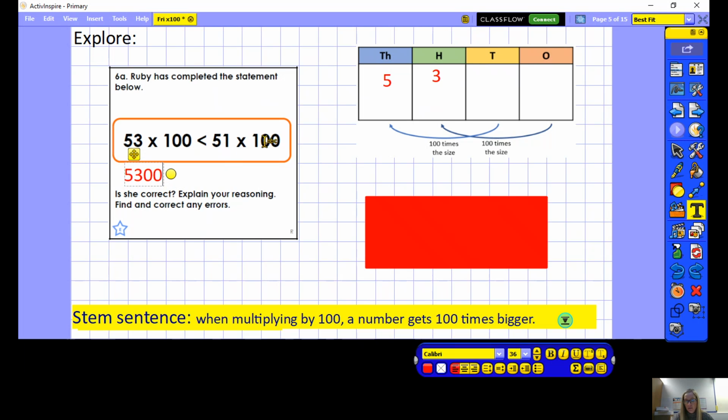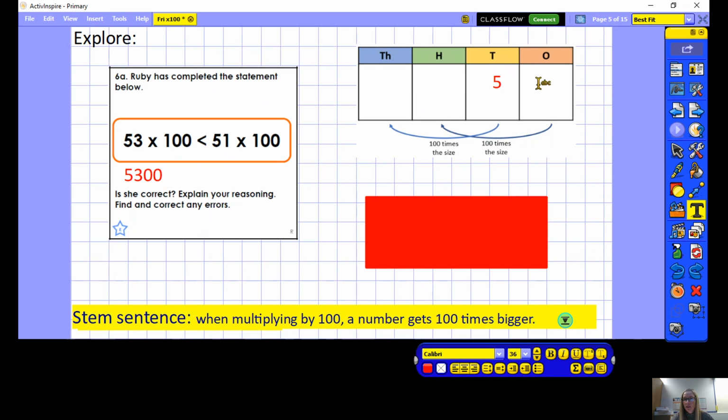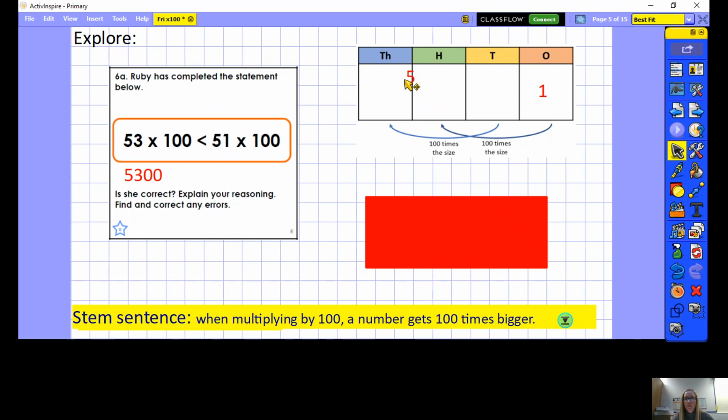And then 51 times 100, if we use the place value chart again, would be, move those 2 spaces across, 5,100.